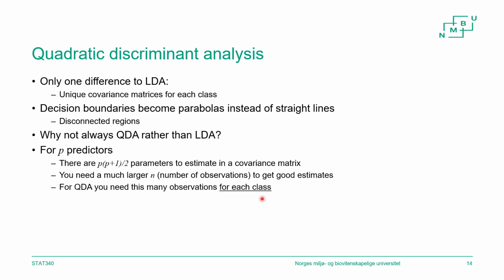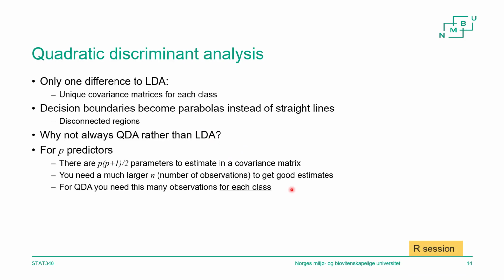But if you have a lot of data, large N, QDA will usually win over LDA, right? Because it's more flexible. So again, we have this problem of overfitting, right? If you don't have enough data, QDA will be an overfitted model. And then you will stick to LDA.